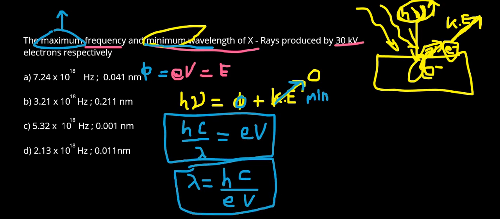To find the maximum frequency, we use Einstein's equation. What is Einstein's equation? E is equal to mc squared, but instead of writing that, the energy formula h mu. So here we can find the maximum frequency. The energy here is in the form of electron volt, so electron volt is equal to h mu.